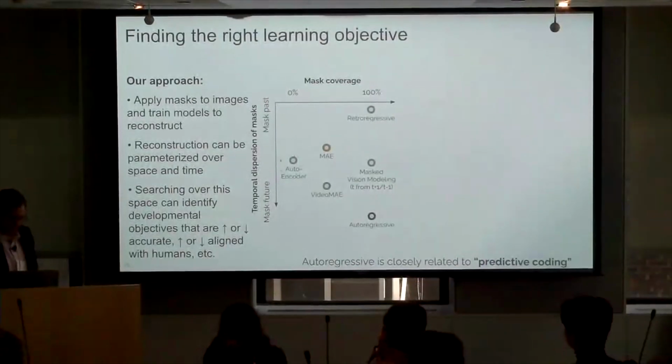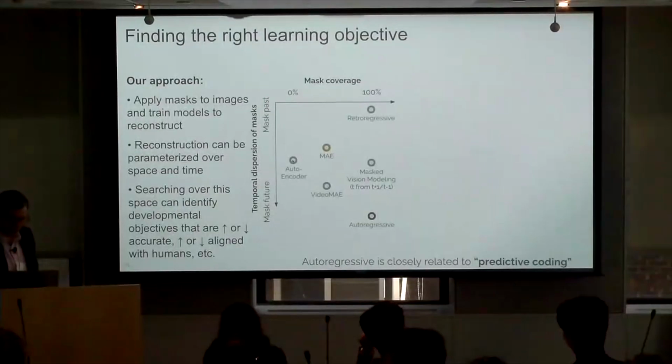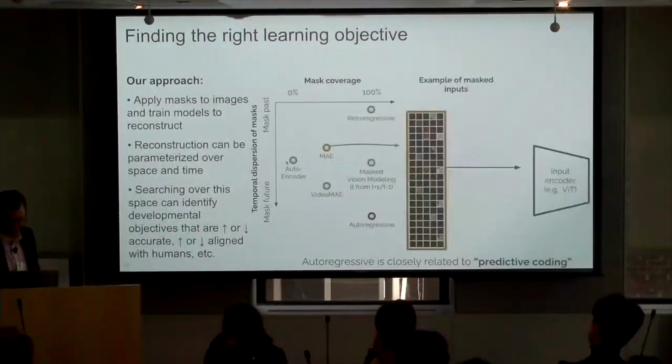So maybe to get you organized on this plot, I'll start with the simpler example, which would be the autoencoder. We think of the autoencoder as just reconstructing a single unmasked frame. So it falls here on this 2D plot at 0% mask and just the present frame to be reconstructed.